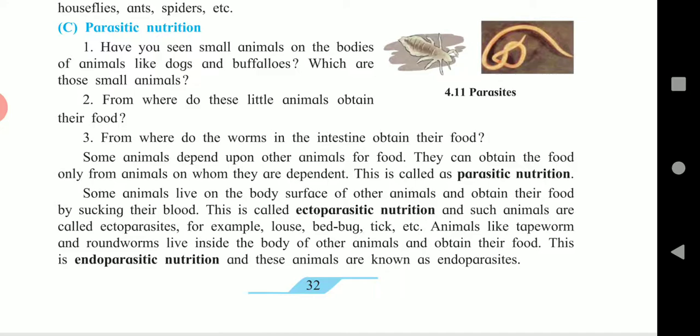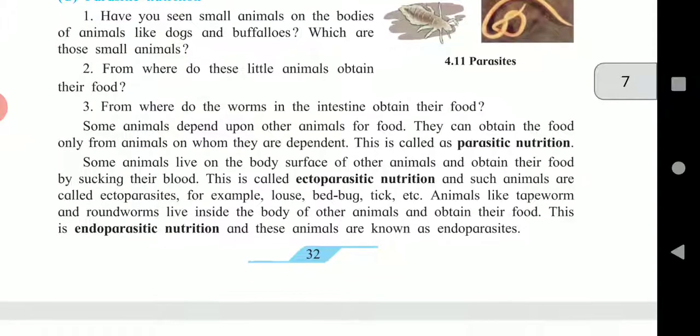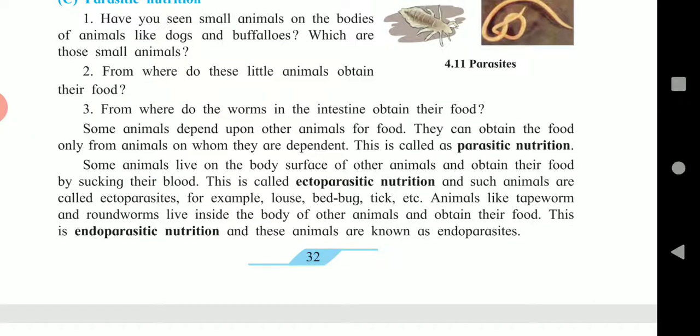For example, louse, bedbug or tick. And endoparasitic nutrition means this type of parasite lives inside the body of the host. They consume the ready-made digested food from the host. For example, tapeworm and roundworm.